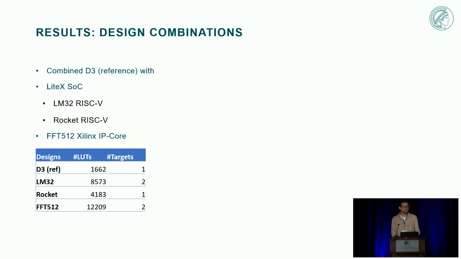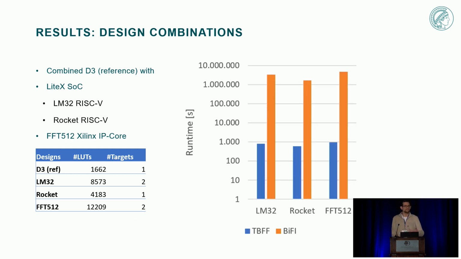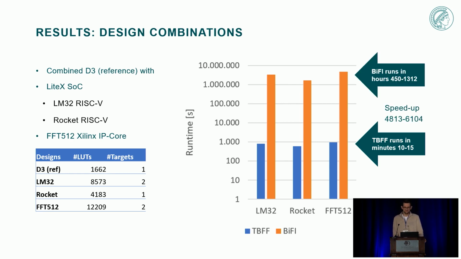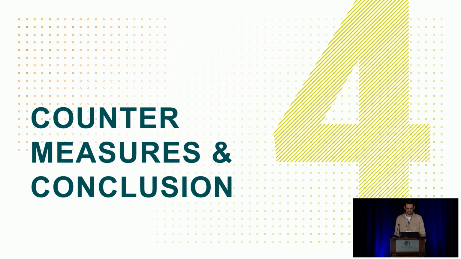And again, here we only find 1 to 2 target lookup tables in the design and got again a good speedup as TBFF runs only 10 to 15 minutes while the BiFI attack would take up to 1,300 hours. So again, a speedup of over 6,000 here.